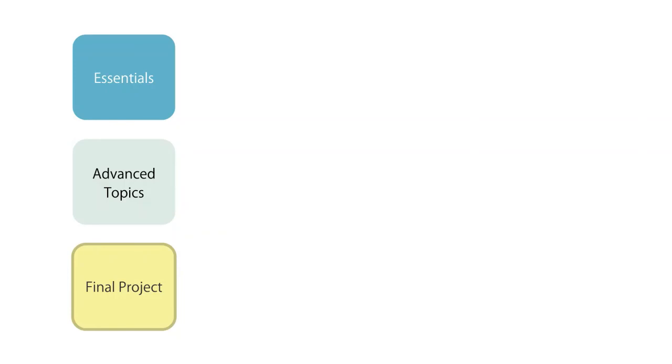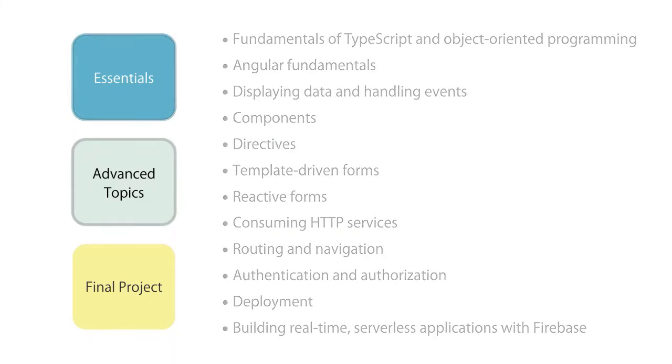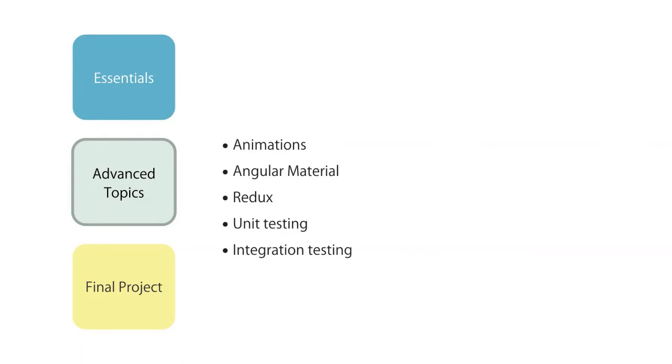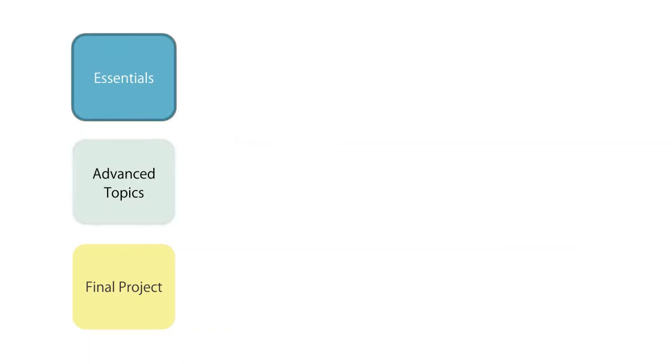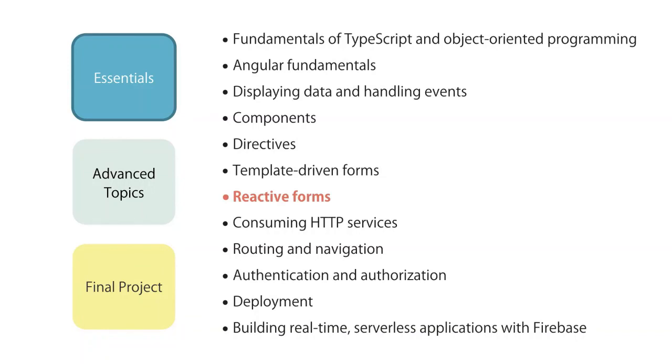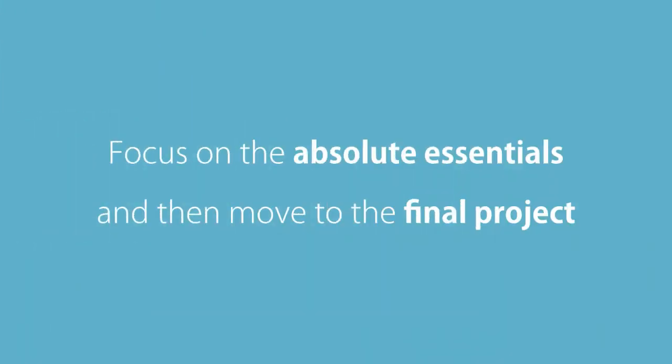I worked really hard for these sections and I want you to watch them. Once you finish the project, then you will have a good understanding of the big picture. Then you can come back and learn about the other sections in the course in isolation, depending on your needs. For example, if you want to learn how to add animations to your applications, you can simply go watch the animation section. Or if you want to learn about reactive forms, you can just go back to that section. So focus on the absolute essentials and then move to the final project.